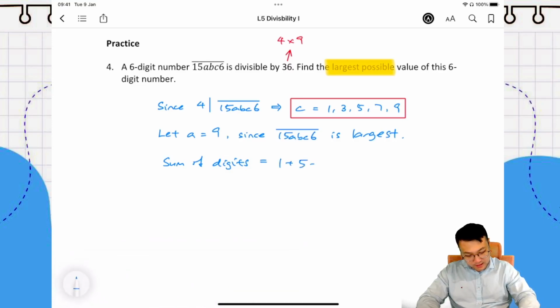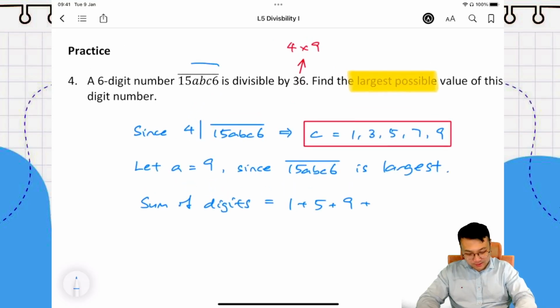1, 5, then after that? 9. Yeah, continue. 9, done. What else? 6. Oh, what is this number? This number is 15ABC6.